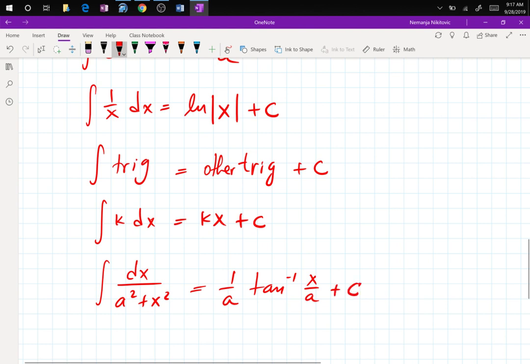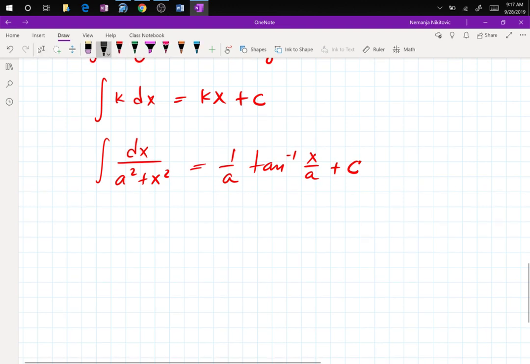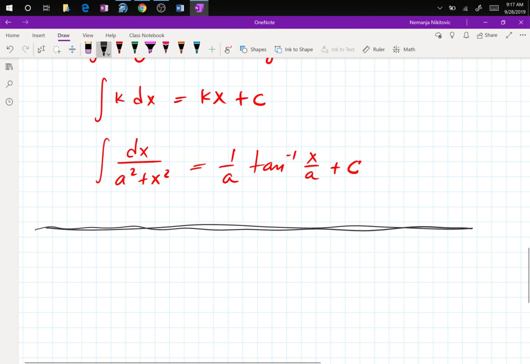I'm asking you to deal with this one because you are going to see a lot of integrals of this type in Calc 2 and Calc 3 and differential equations. So this is the one to know. I mean, all of these are to know. It's just if you are singling out one of the inverses, that's the one. That one pops up every now and again in the homework.